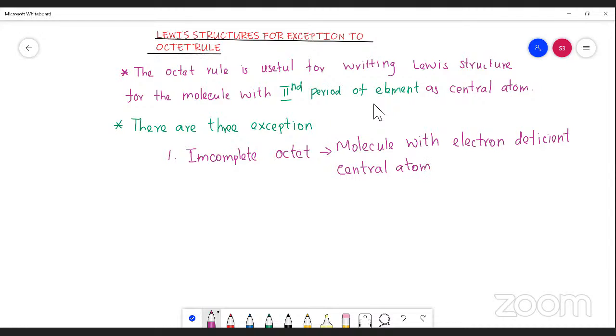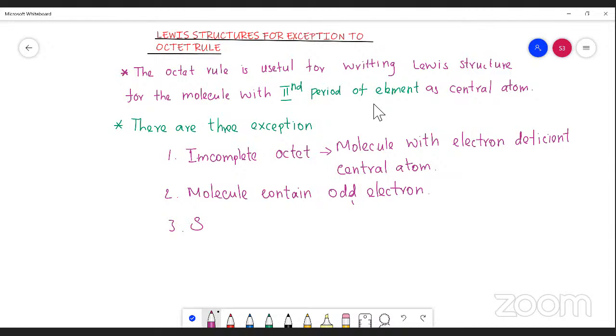Then the second one is a molecule containing an odd electron. Molecules containing odd electrons. And the third exception is the superoctet.